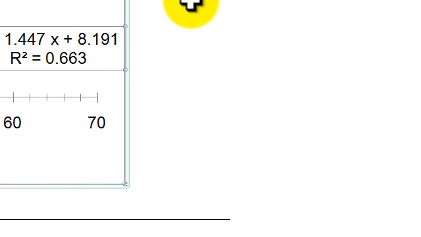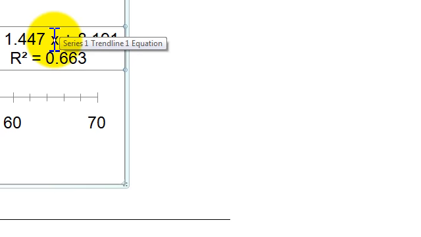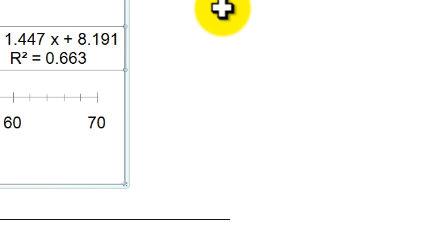Given this slope 1.447, and this intercept 8.191 that came from my original data, I can plug in a new age for x to get a predicted salary y. That's the best part of it, doing the predicting. Now that I have this equation, I can plug in any value for x to get a predicted y, or basically any value for age to get a predicted salary.